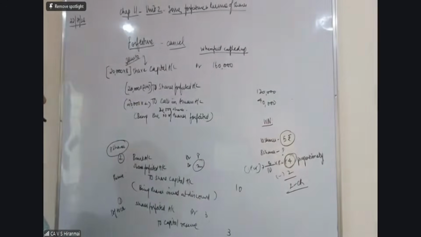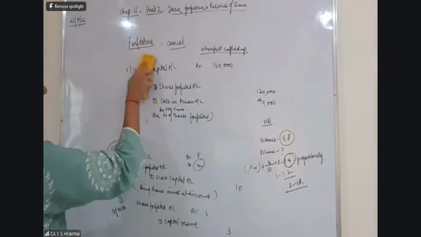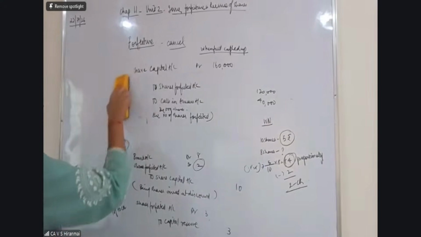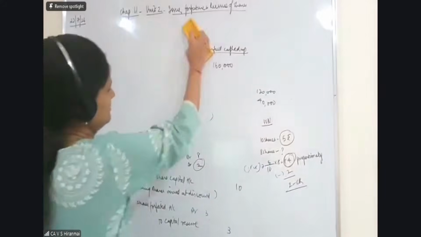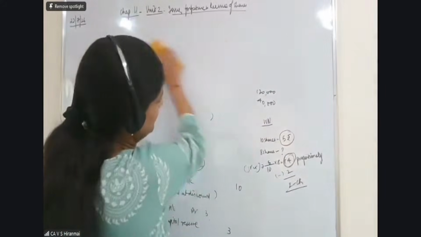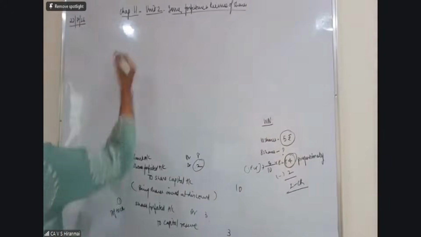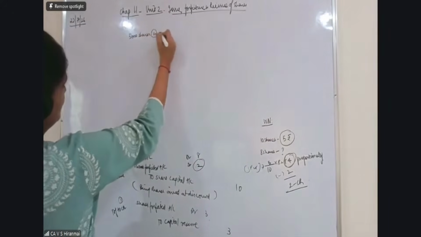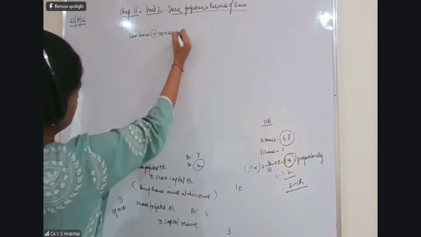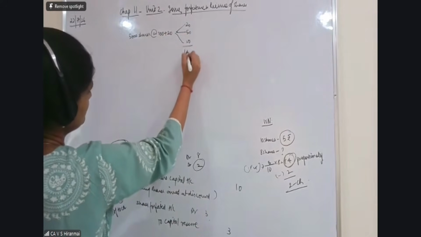So the first thing is, when you are writing the entry in illustration number 12, clearly write what it is. Let us first break down the question and write it here in this format. How many shares? 5,000 shares I have to forfeit at the rate of 100 plus 20%. So 20, 50, 50, so 120.